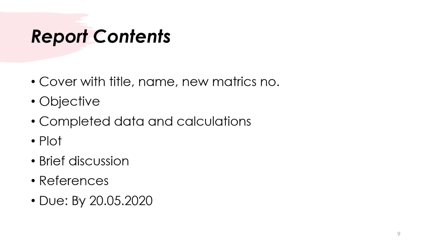That's it. This is due by 20th May, and I forgot to mention that this is sent via email, and I will give you the email address in the WhatsApp group.